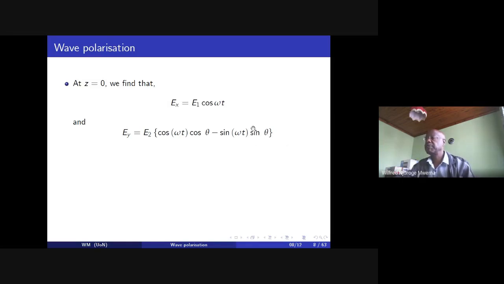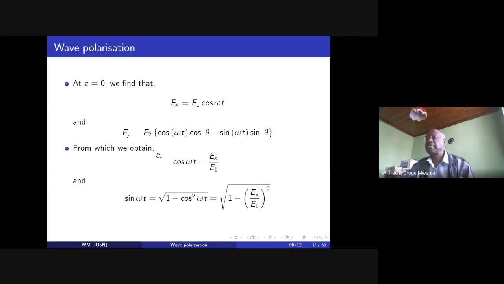And therefore we can express cos omega t in terms of Ex and E1 and write that cos omega t is given by Ex divided by E1. And therefore, since sine omega t is just the square root of 1 minus cosine squared omega t, we can see that sine omega t is going to be given by the root of 1 minus Ex by E1, all squared.